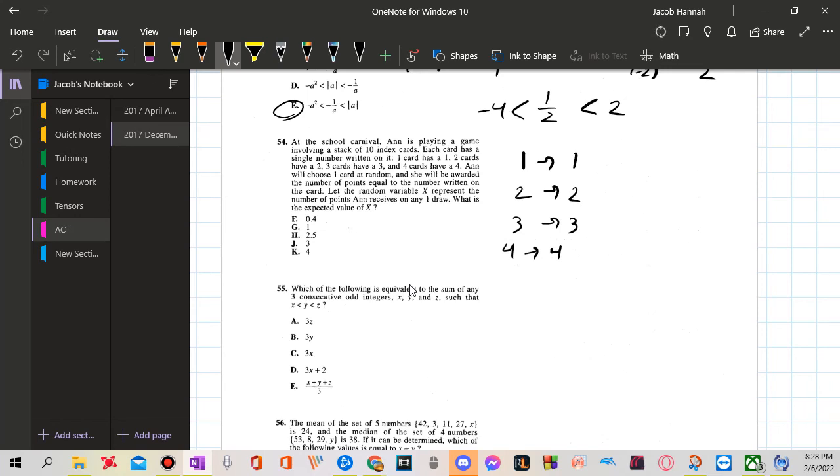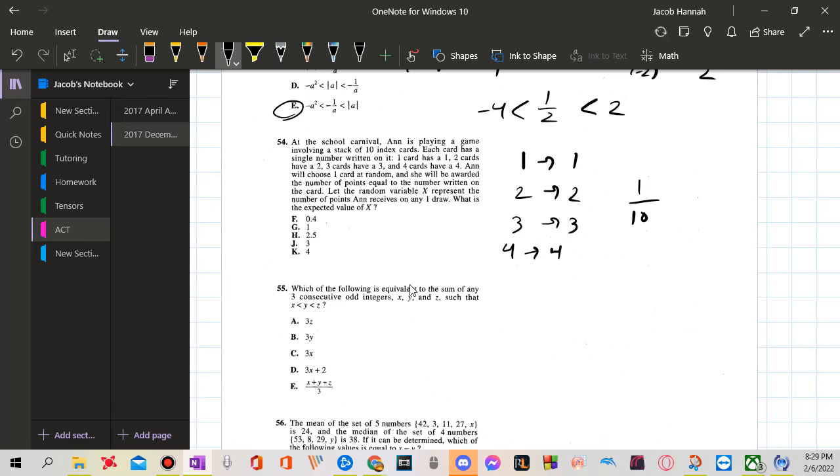So this one's kind of easy. There's 10 cards, so there's 1 over 10. What is x?